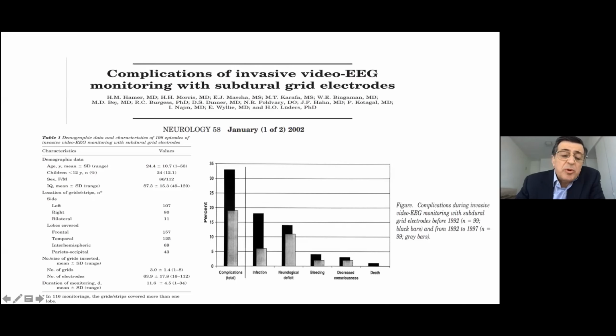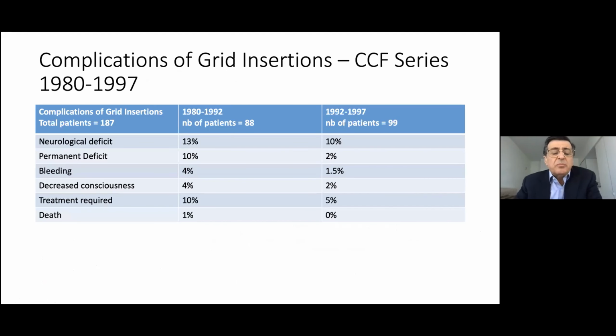And in this table, you can see the complications before 1992, and this is from 1992 in gray, from 1992 to 1997. It is almost exactly the same number of patients which were operated between 1980 till 1991, and then from 1992 to 1997, the same number of patients in 2 different periods.